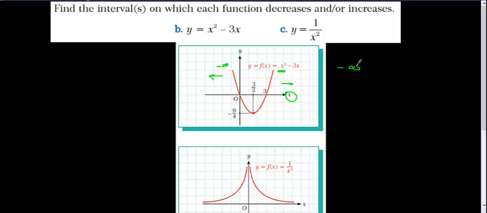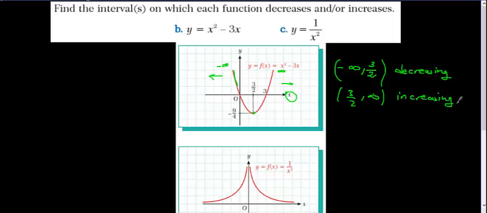Between minus infinity and 3 over 2, the function is decreasing, as you see. And between 3 over 2 and infinity, the function is increasing.